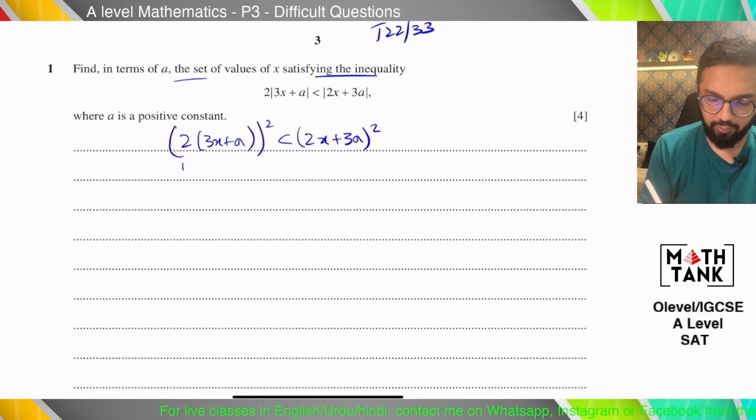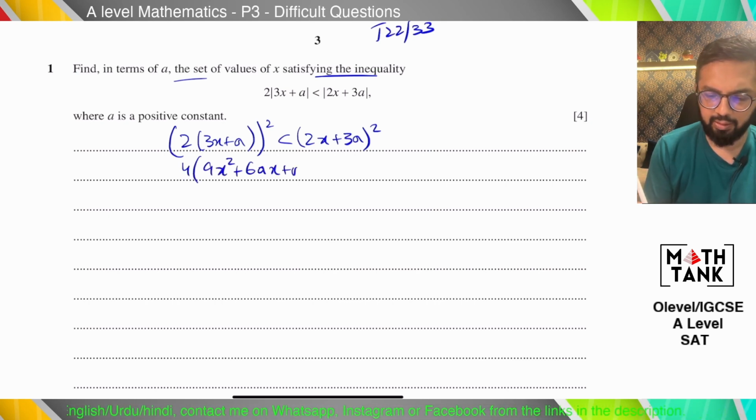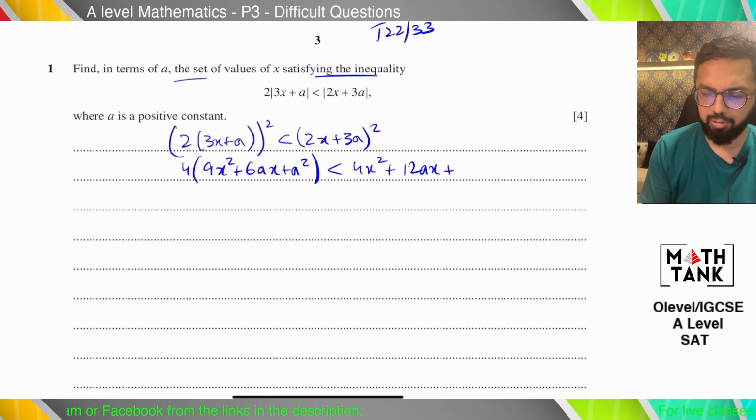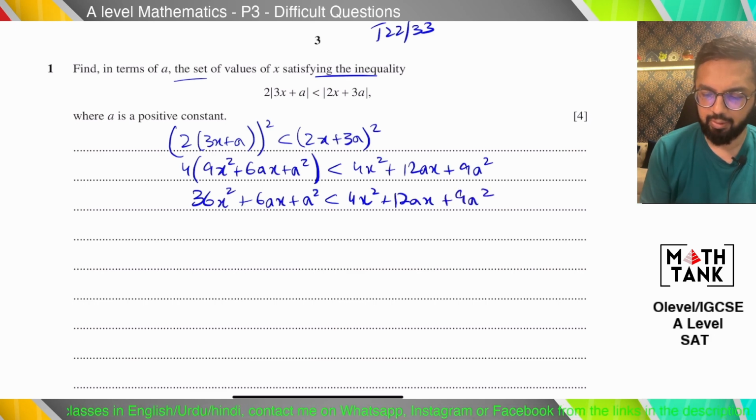So I get 4(9x squared plus 6ax plus a squared) is less than 4x squared plus 12ax plus 9a squared. 36x squared plus 6ax plus a squared is less than 4x squared plus 12ax plus 9a squared.